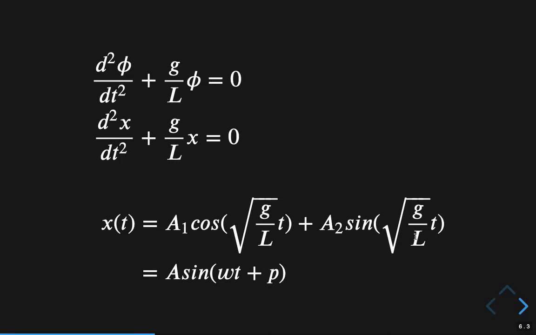So we can combine the cosine and sine into a new sine function. And to sum up, the displacement of a pendulum can be written as a sine function.